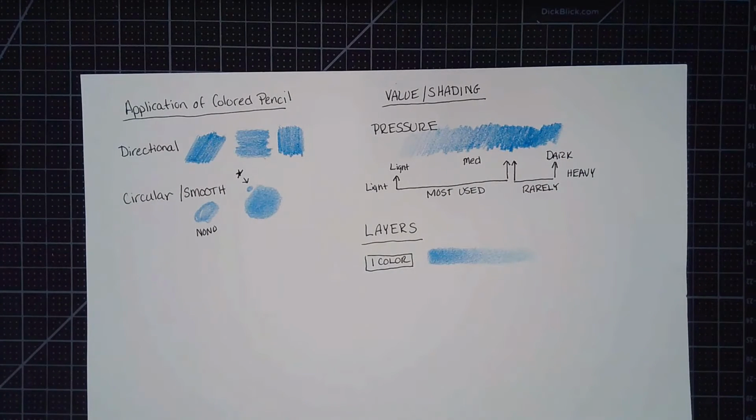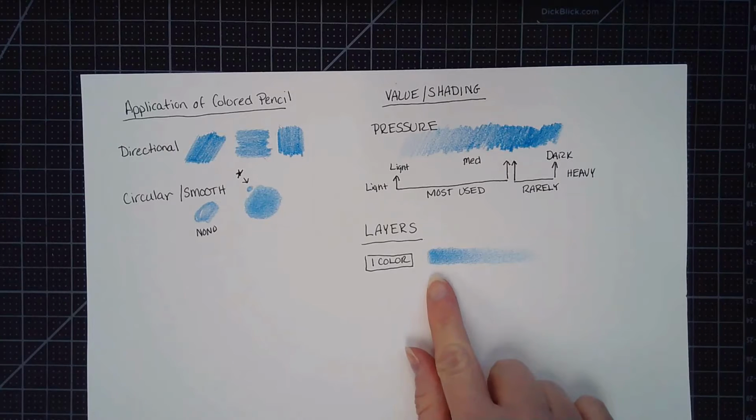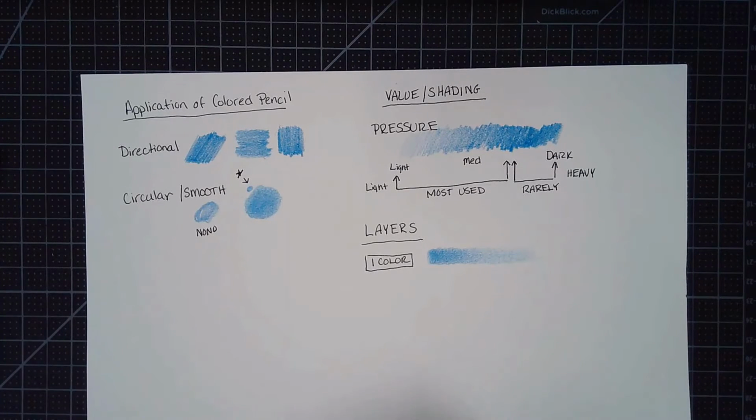So when I layer pencil on top of pencil, what I'm doing is I'm filling in more and more of those little fibers with my material.